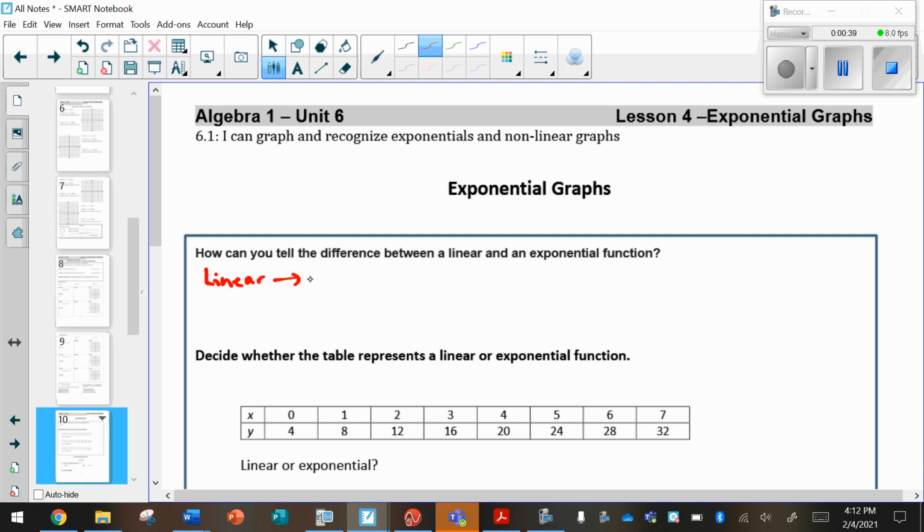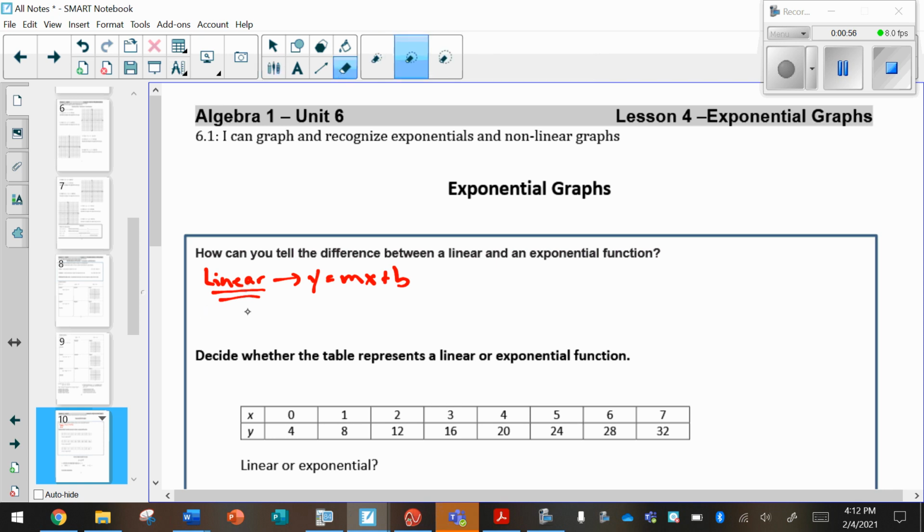The linear equation uses the generic form y equals mx plus b. We've been spending a lot of time graphing lines, so we are familiar with y equals mx plus b. A linear function, with the slope here being m, has a constant rate of change.